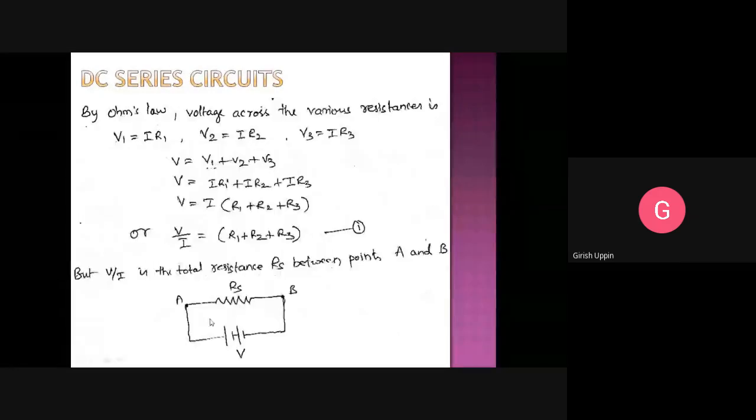Now I will take 100 volt and choose such a resistance where I will get 5 amperes of current, the same amount of current which was flowing in this series combination.